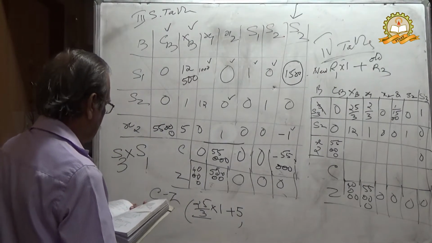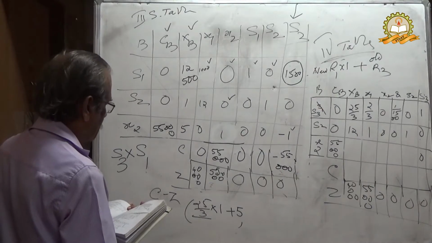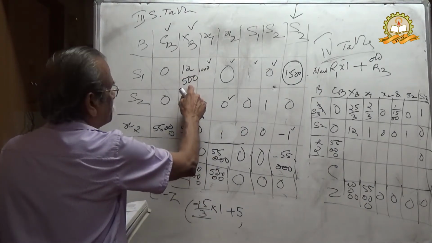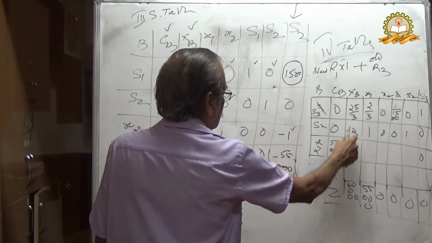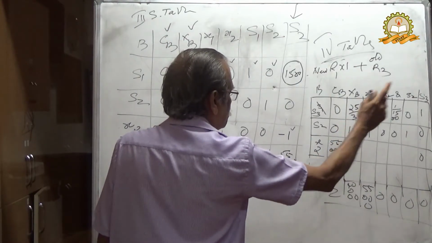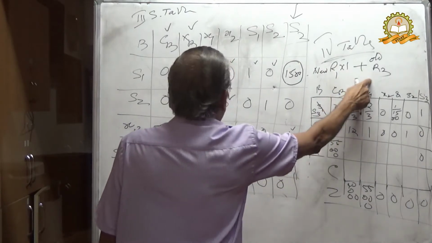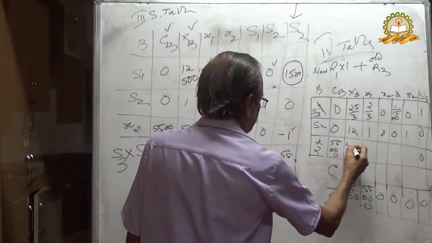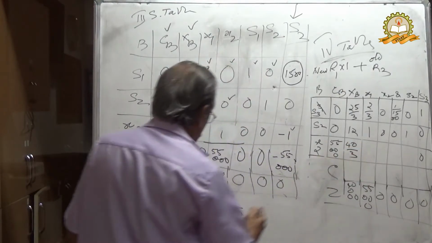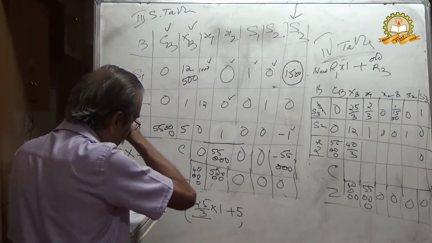Here you have already 5, but you are multiplying 25 by 3 into +1 plus 5. Therefore, you get 40 by 3.